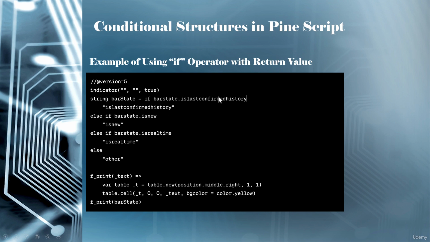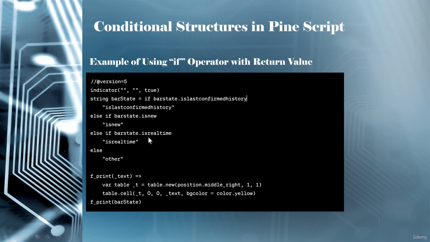If this condition is false, then the next condition will be checked after the else if statement. If barstate.isnew is true, then the string isNew will be returned and assigned to barState. If this condition is false, then the next else if condition will be checked.